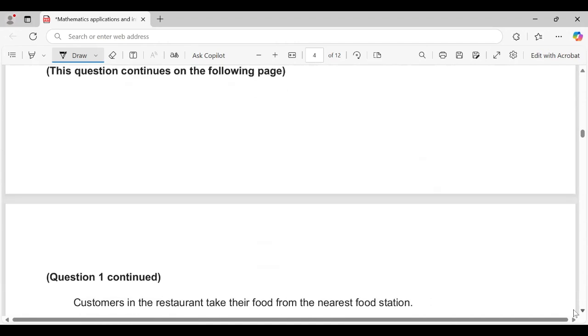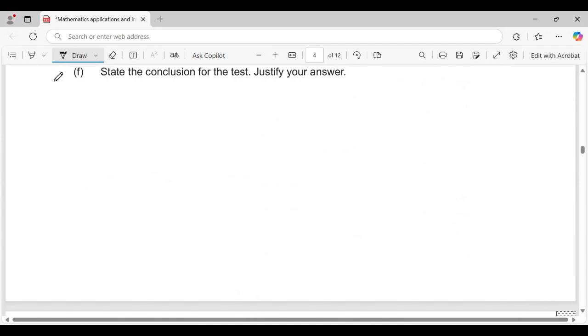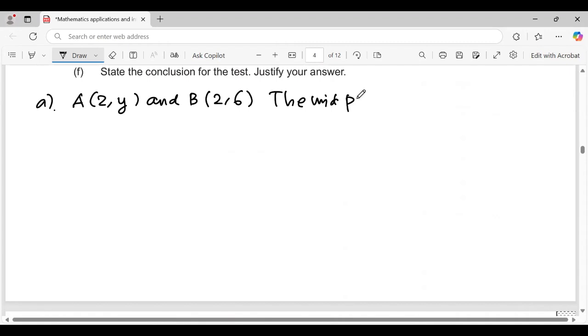Since the coordinate point A is (2, y) and B is (2, 6), the midpoint is (2 + 2) divided by 2, (y + 6) divided by 2.